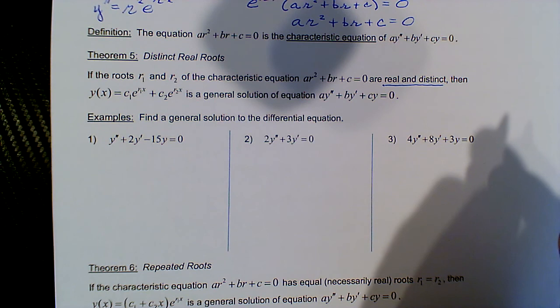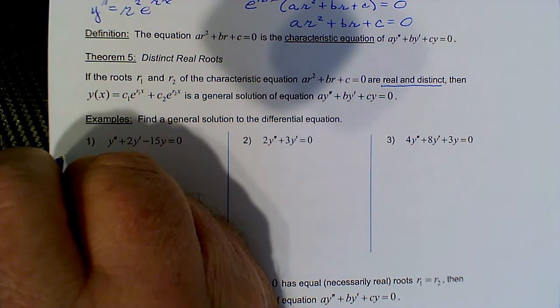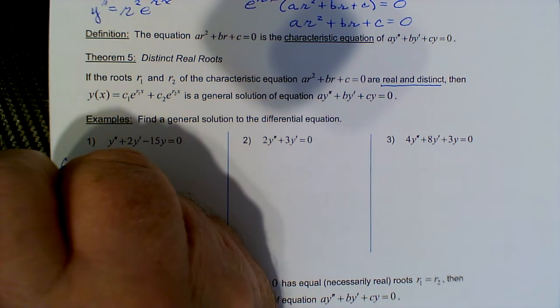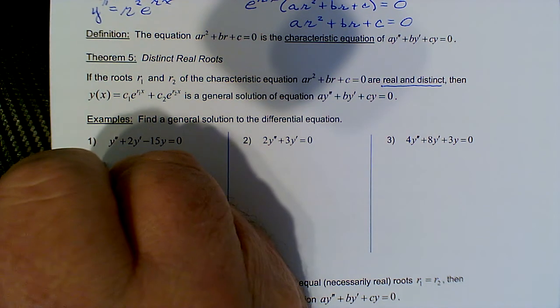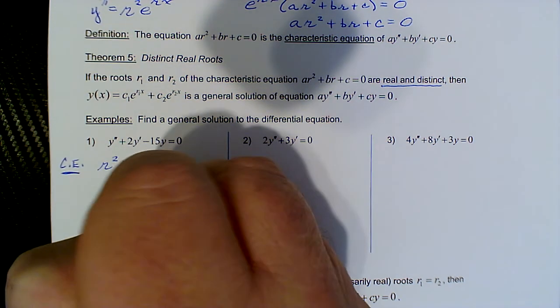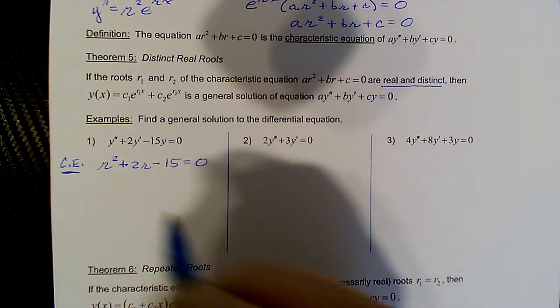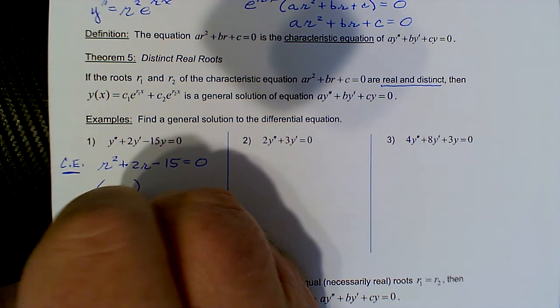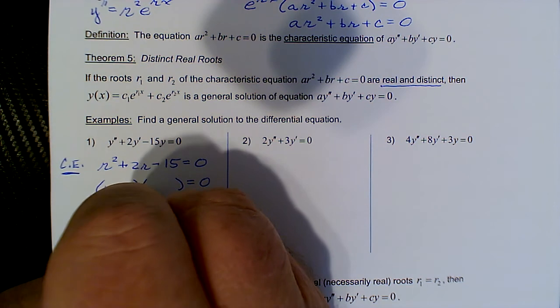constant coefficients. We first form the characteristic equation, so I'll just say CE, and for this example it would be r squared plus 2r minus 15 is 0, and then we're going to factor, because it's a quadratic, so it looks like an r and an r.